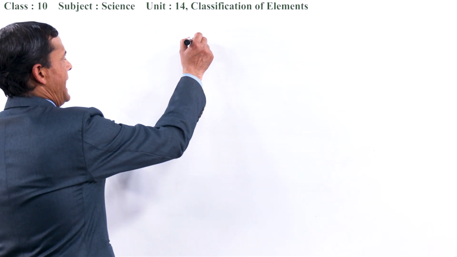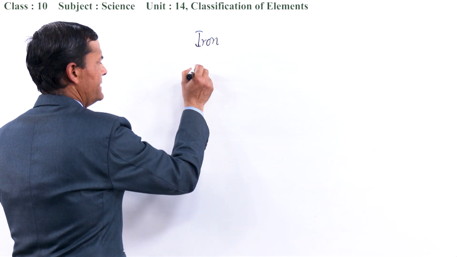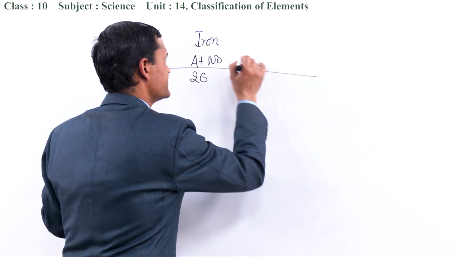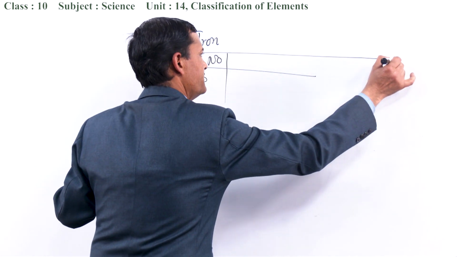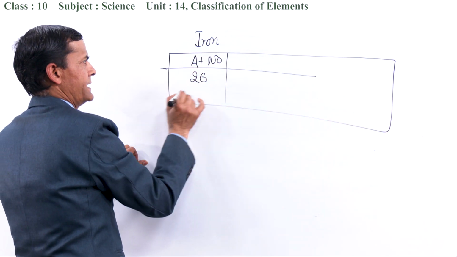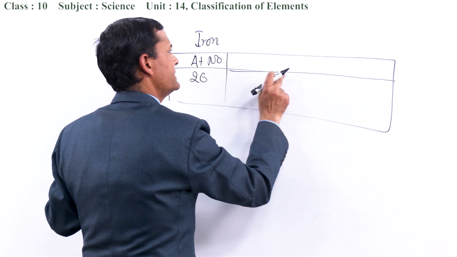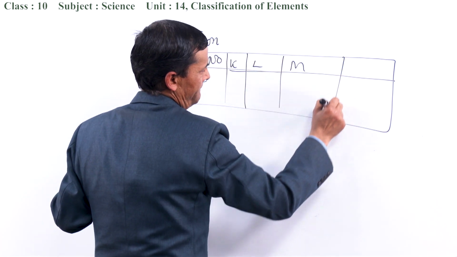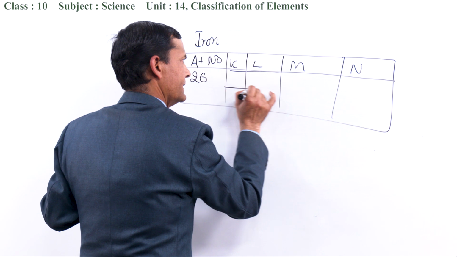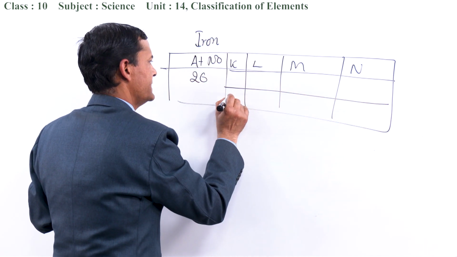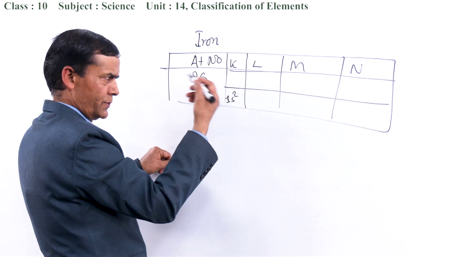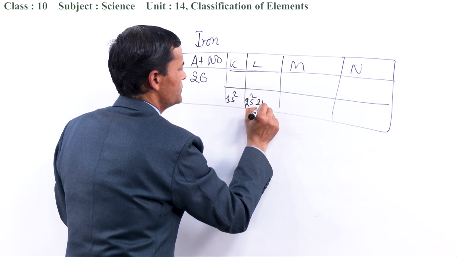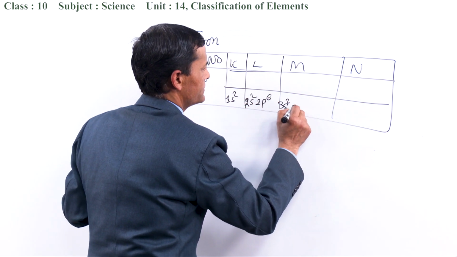Look at here, iron. Iron is atomic number 26. In the previous class also we tried to make the electronic configuration in K, L, M, N. Now I am going to present the subshell electronic configuration here: 1s2, 2s2, 2p6, 3s2, 3p6.